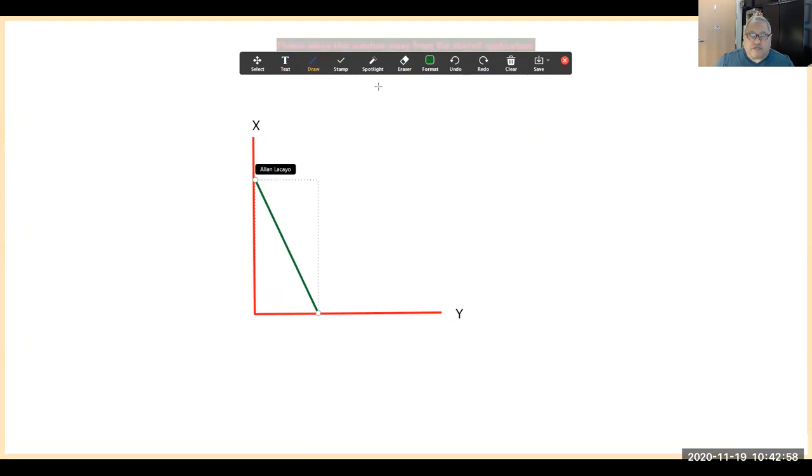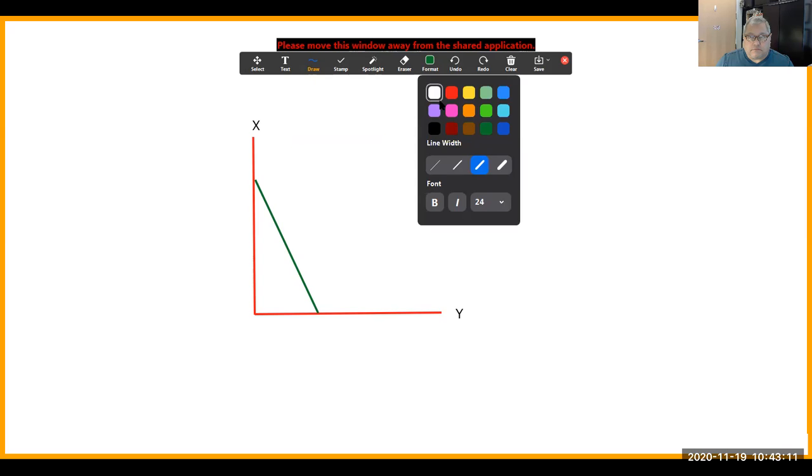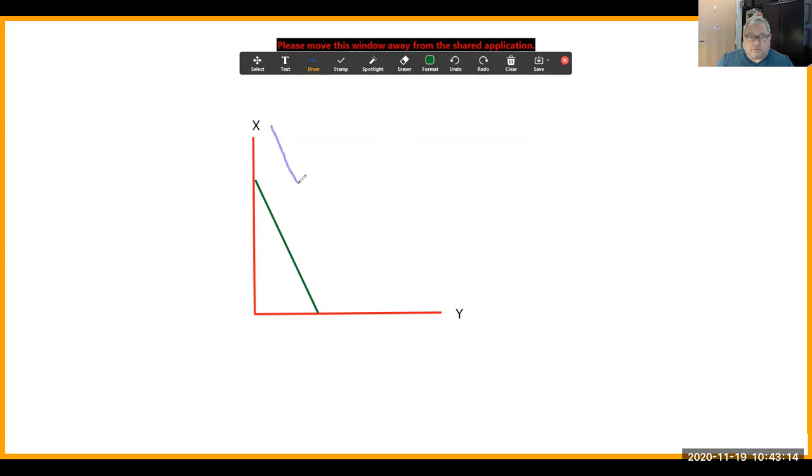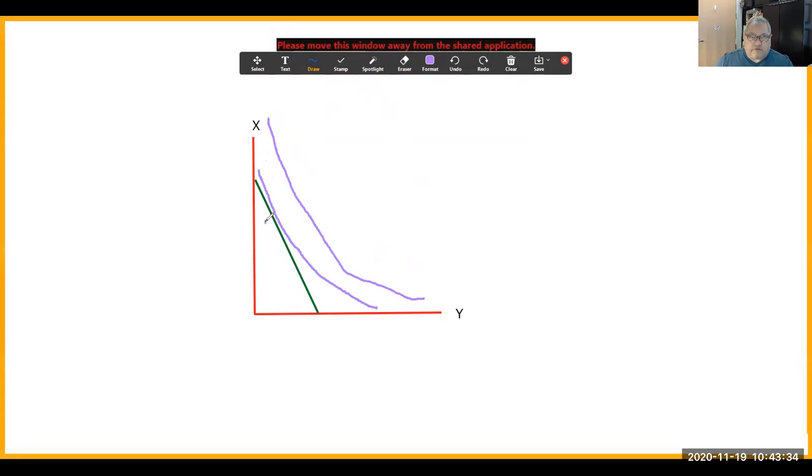And then we have a collection of levels of utility. This is one level of utility. Here's another level of utility. And here's another level of utility.